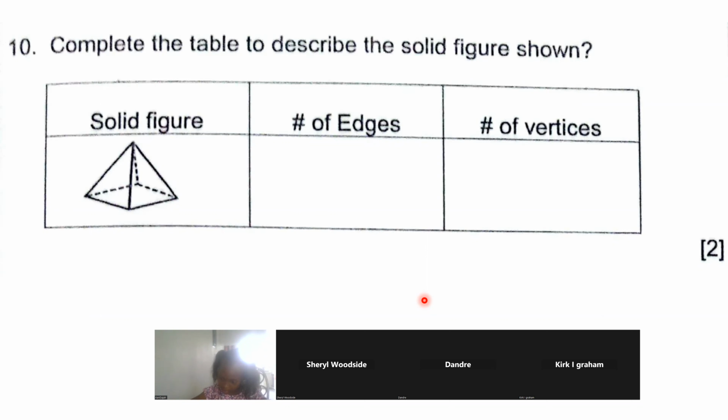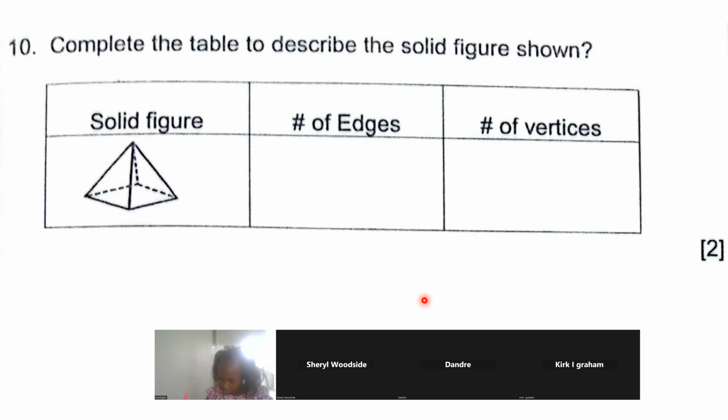How many edges does the shape have? 5 edges. How about you, Kirk? 5 or 4? It has 5. Okay.